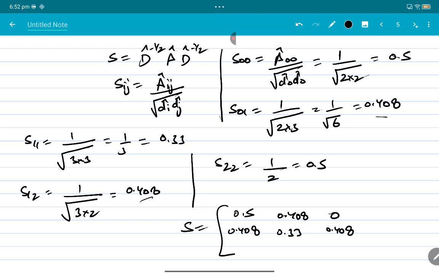This one is also 0. Then S21 is also 0.408, and S22 is 0.5. So now we have constructed this quantity.